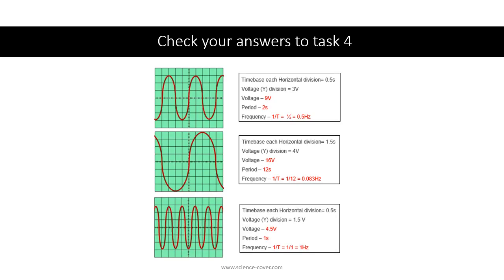The second graph, we have 9 volts as the maximum voltage, 2 seconds as the time period, and 0.5 Hertz as the frequency. For the third graph, we have 16 volts, 12 seconds is the time period, and 0.083 Hertz is the frequency.